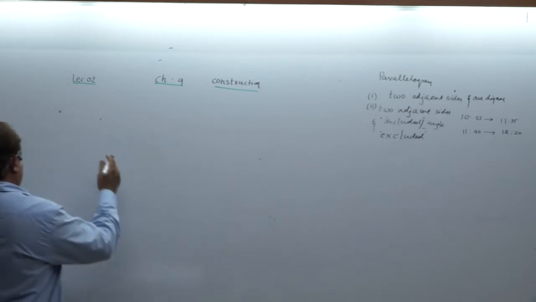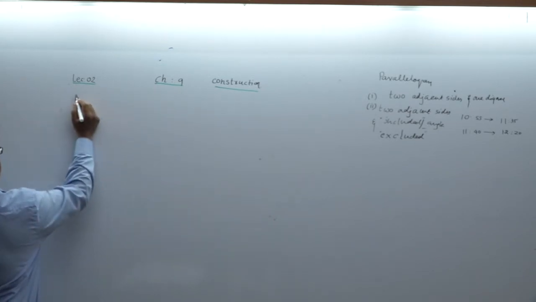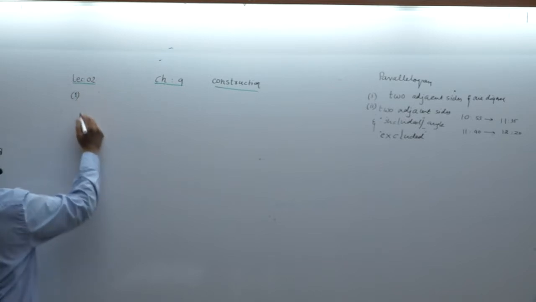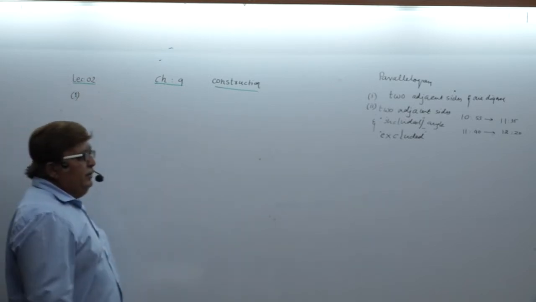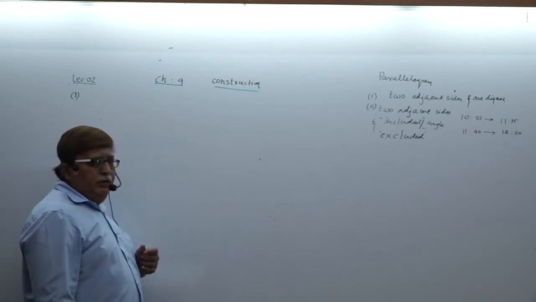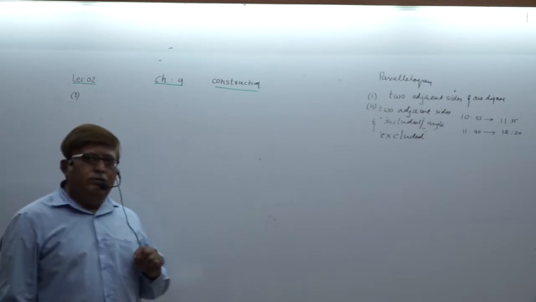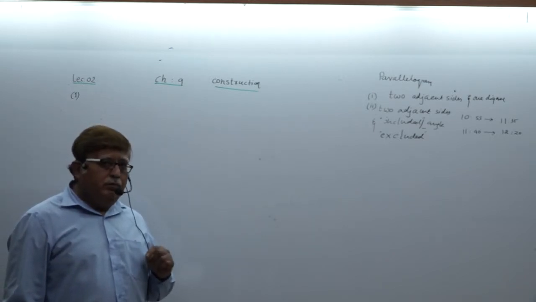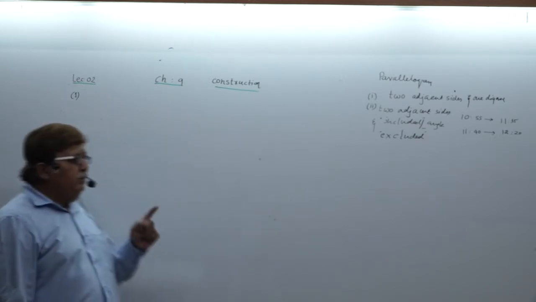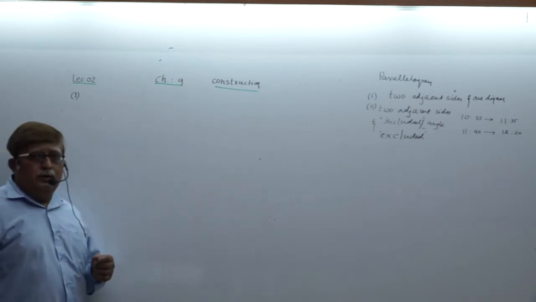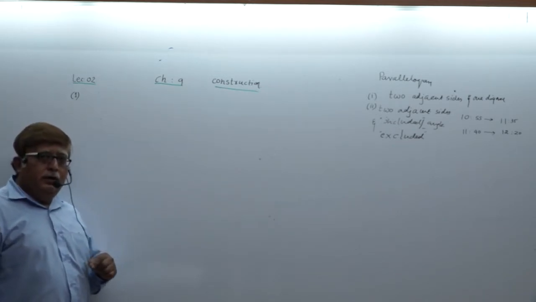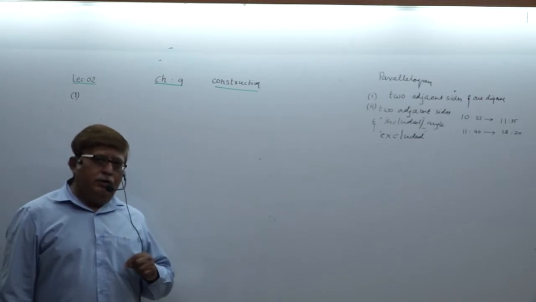Okay, let me write the question for you. What is the condition for today's construction? That means you are going to construct a parallelogram in which you will be simply given two adjacent sides and you will be given included angle.